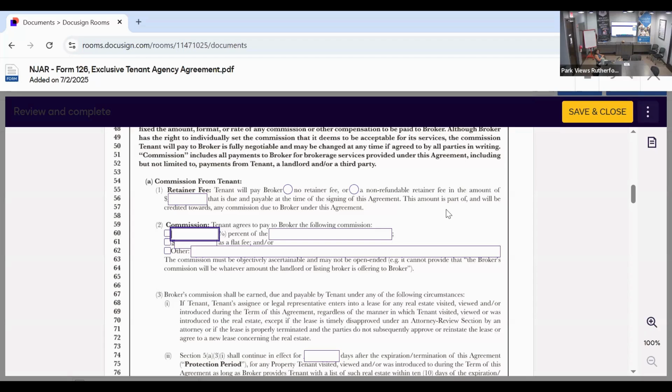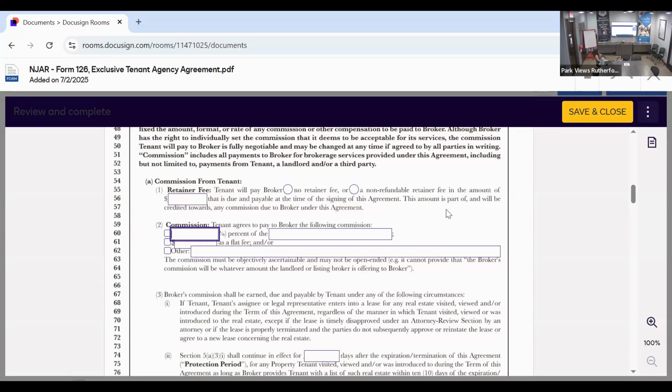You're literally writing that you're going to take 0.5% commission, not 50%. You'd write 50 in there if you want 50, because the percent sign's already there.